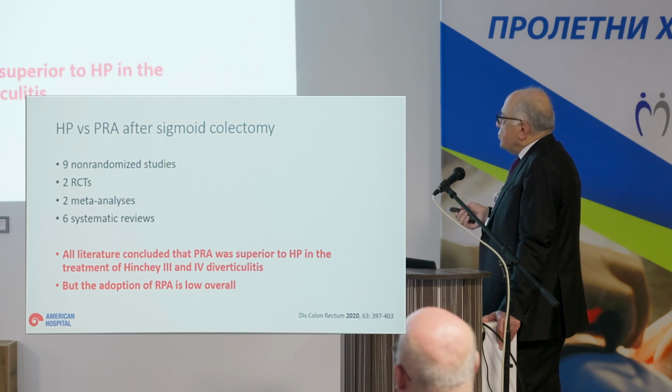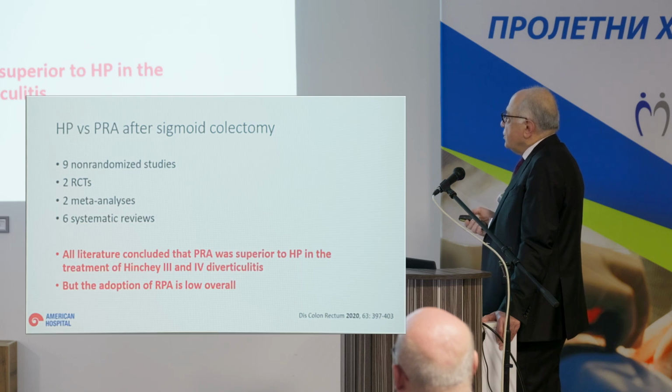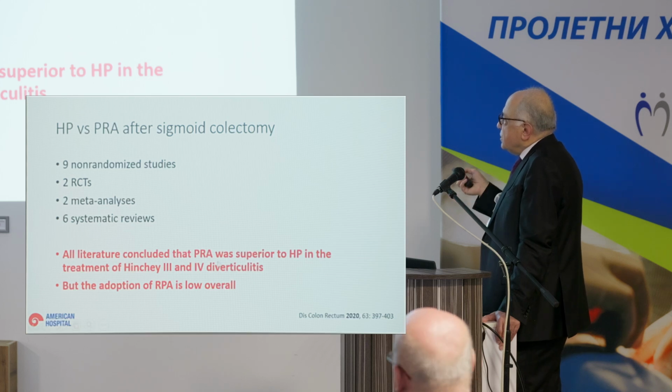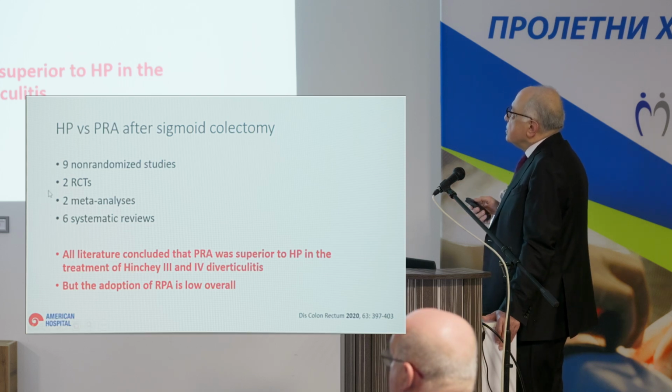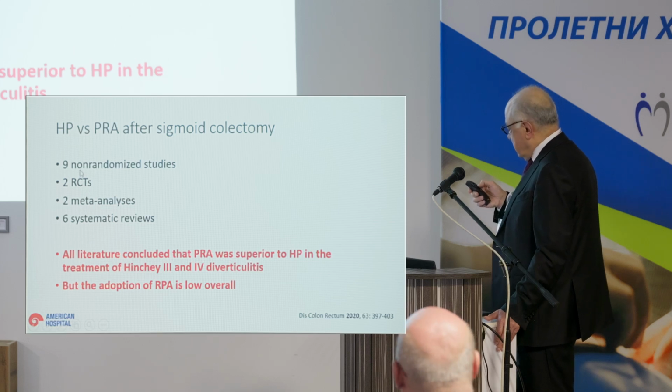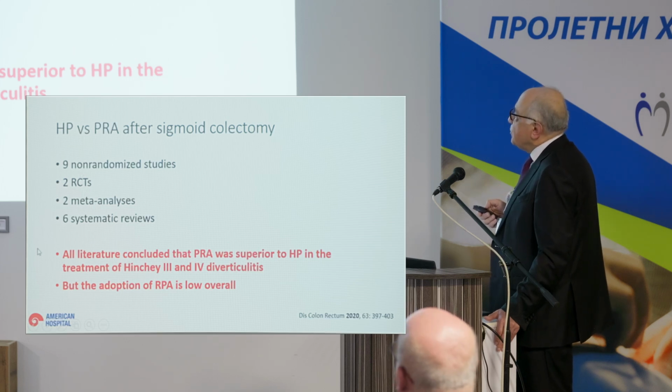All the literature concluded that resection with anastomosis was superior to Hartmann procedure in the treatment of Hinchey 3 and 4 diverticulitis, but adoption of resection with primary anastomosis is low overall. We have completed laparoscopic lavage compared with resection. Now we are looking at the Hartmann procedure versus primary resection after sigmoid colectomy.